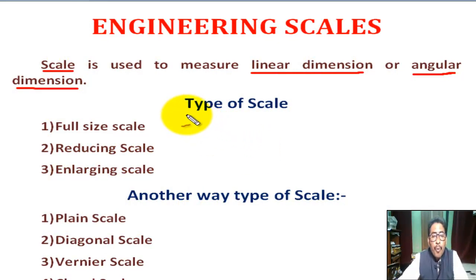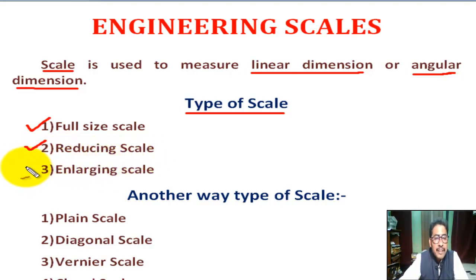Now, what are the types of scale? Number 1, full size scale. Number 2, reducing scale. Number 3, enlarging scale.